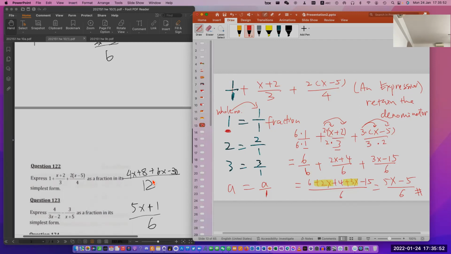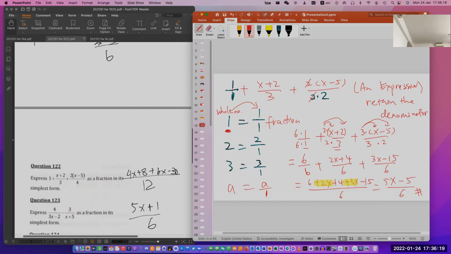Are you clear? So what did I do just now? Okay, I see an opportunity to factorize the 4, and I see the opportunity to simplify after the factorization. Okay, for this question.